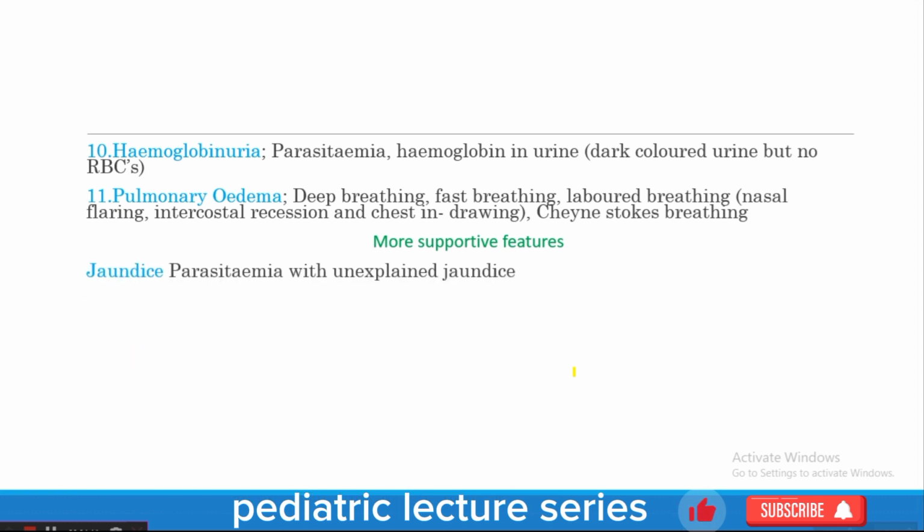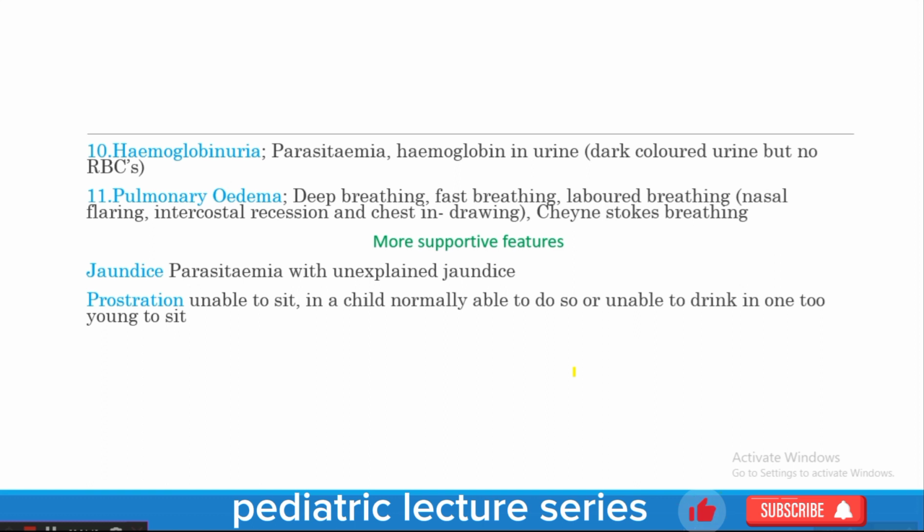Other supportive features include parasitemia with unexplained jaundice, prostration, that is the child is unable to sit for the older ones, and for infants they are unable to drink. We have severe dehydration, that is the presence of sunken eyes, inability to drink.